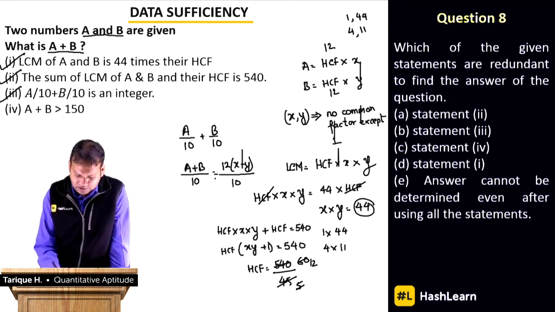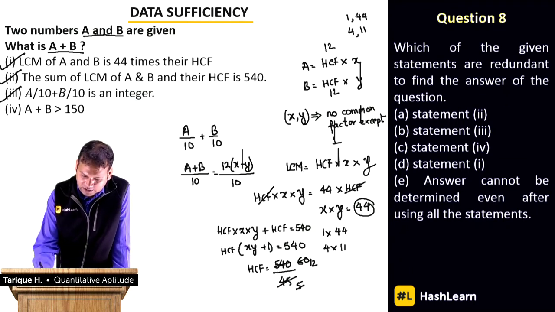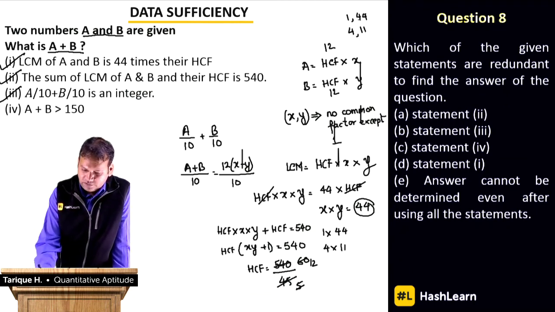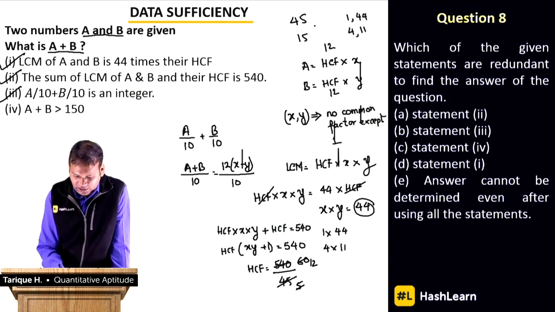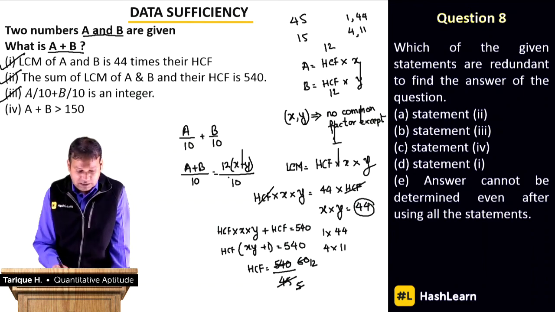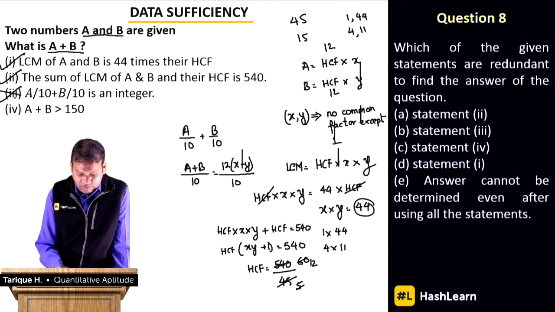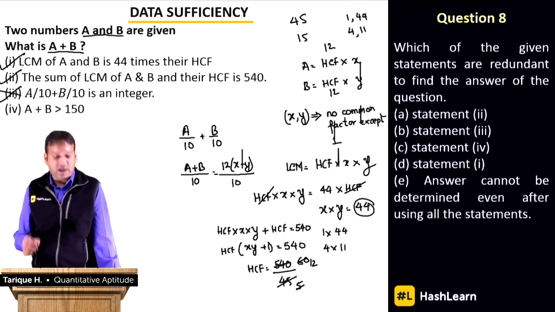In both cases, x plus y is 45 or 15, because 44 plus 1 is 45 and 11 plus 4 is 15, and in both cases it's divisible by 10. So this statement would be of no help to us. We don't need this statement. It is not serving anything.